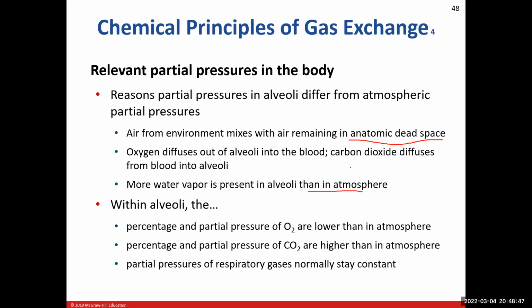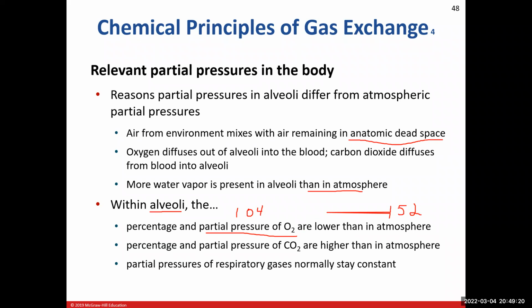But the concept I want to get to you is when we get to the alveoli, the partial pressure of oxygen, like I said, is about 104 millimeters of mercury, and in the atmosphere, it's about 152. But keep in mind, when you look at those two values, oxygen wants to move down its partial pressure gradient.